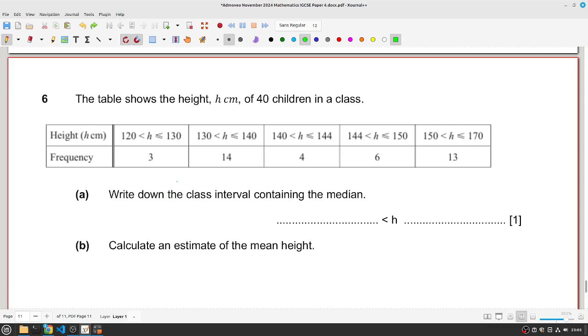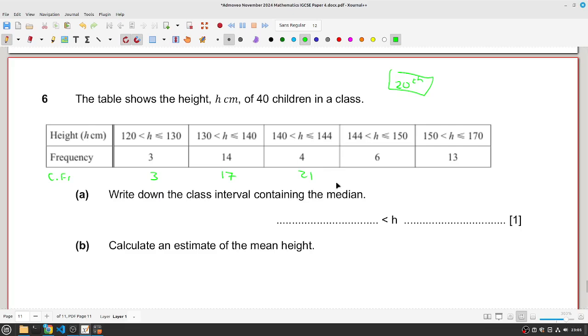So the median is the middle number. If we have 40 kids, it's going to be the 20th number. So we're looking for which one of these intervals has the 20th number. It's already arranged from small to large for us. So we just do the cumulative frequency. So cumulative frequency will be 3, and then 3 plus 14 is 17. 17 plus 4 is 21.